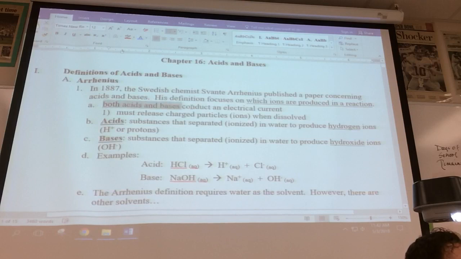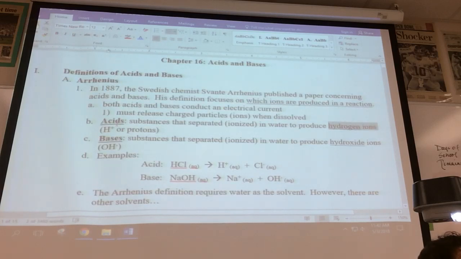Now, both acids and bases conduct electricity, so they must release or generate ions when dissolved. And in this case, we're going to dissolve in water. An acid is going to ionize or generate cation and anion, and the cation must be a hydrogen ion or a proton.